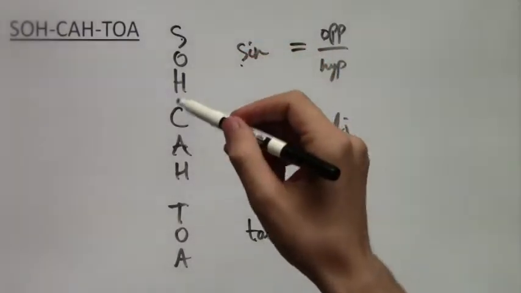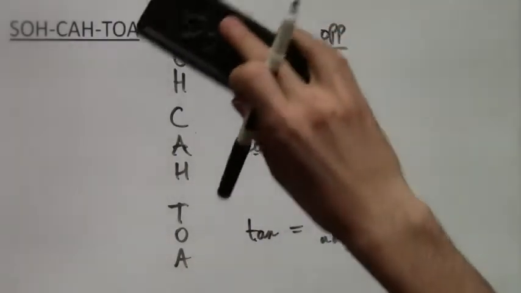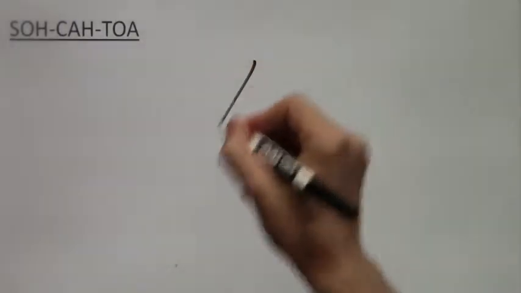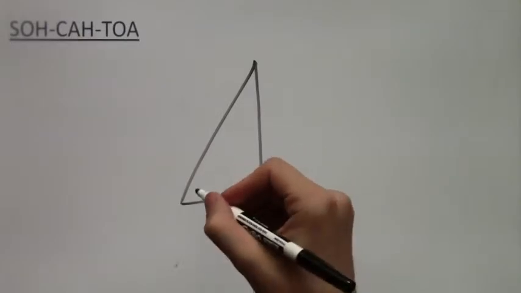And actually, I'll write down just any right triangle with some side lengths and some angles, and we'll review again in terms of this right triangle what SOHCAHTOA is.